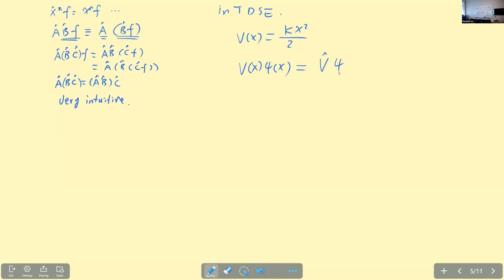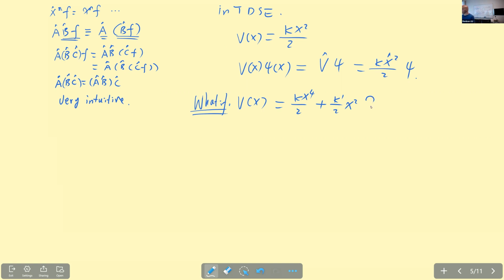But this operator, of course, is given by k x squared over 2, right? So this is just one case. And then you say, how about if I have something like this one? So if I have k times x to the power 4, and then k prime over 2 times x squared. How about this one?